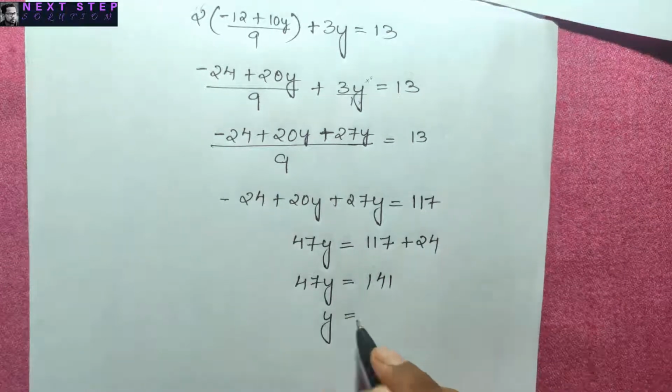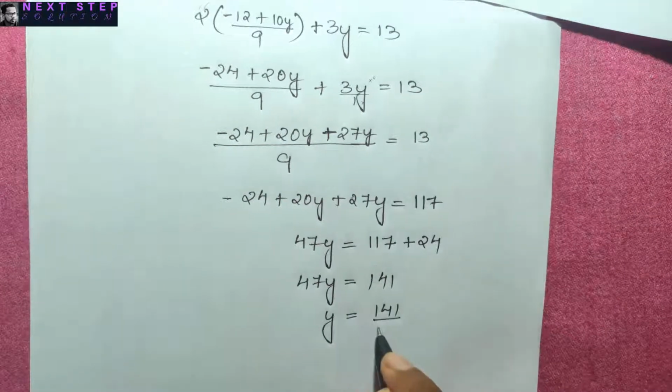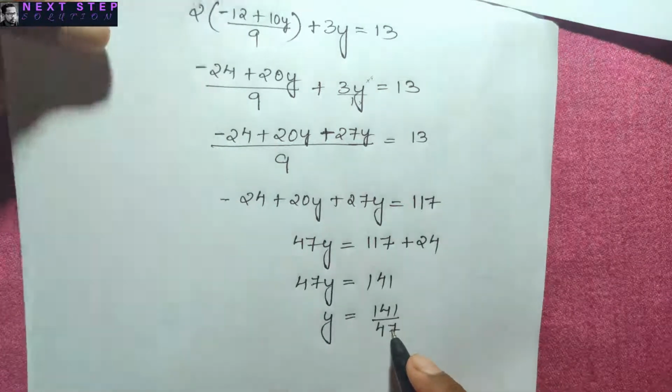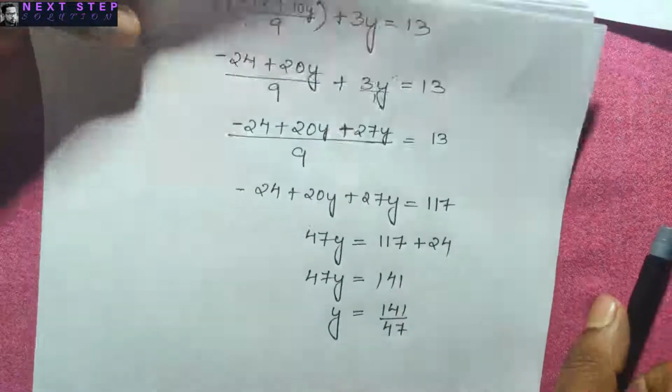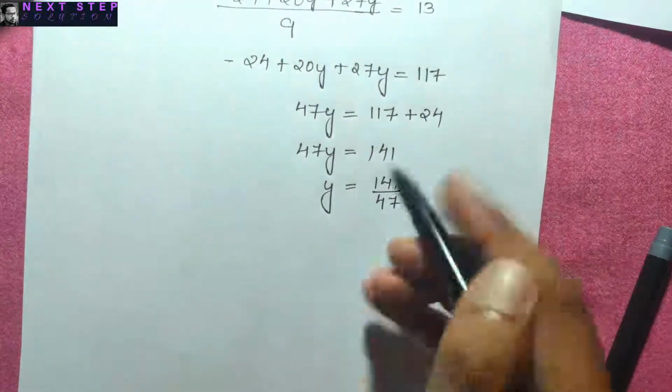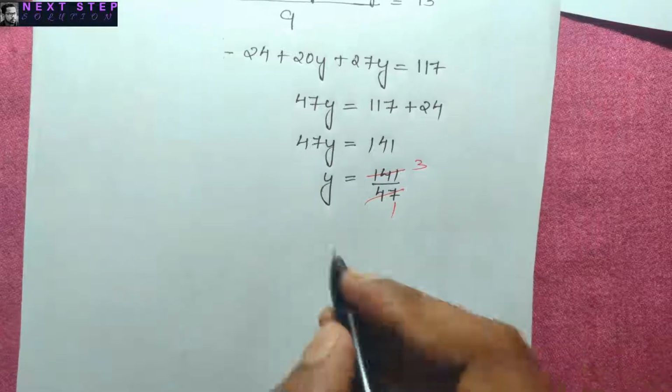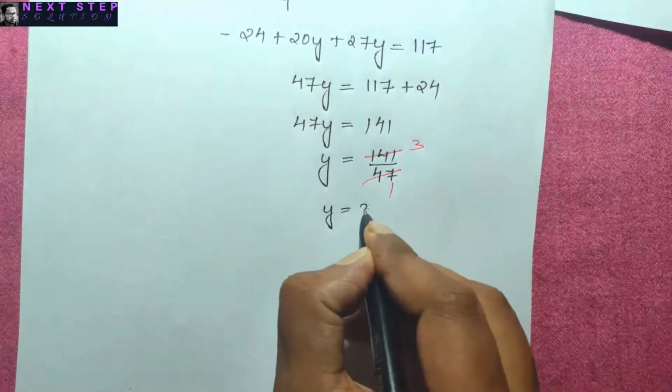Now only y will be equal to 141 divided by 47. Now 141 can be cancelled with 47. 47 ones are 47, 47 3s are 141. Now we got y equals 3.